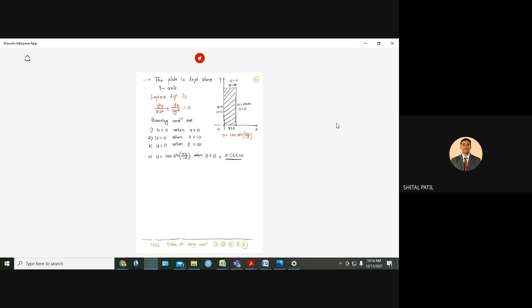Again, here who is infinity? Y is infinity. So the terms in Y are in exponent.